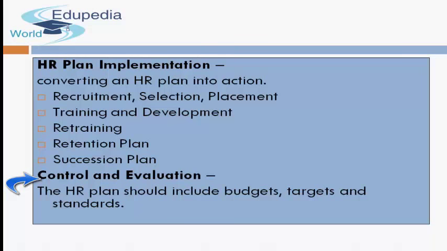During the control and evaluation, it is checked that whatever HR plan was made, is it being implemented in the right manner? If it is implemented in the right manner, then by the end of the implementation, when the HR plan is being evaluated, it is checked whether there were any lacunas left. Did the organization suffer at any cost on the cost of the human resource?